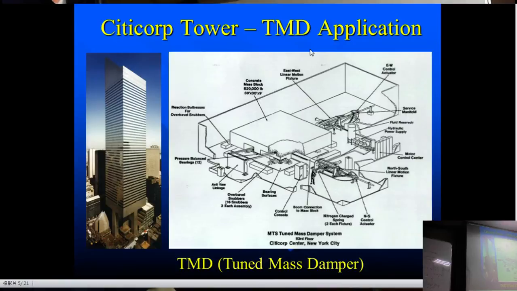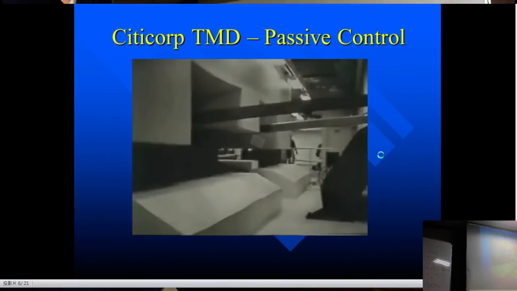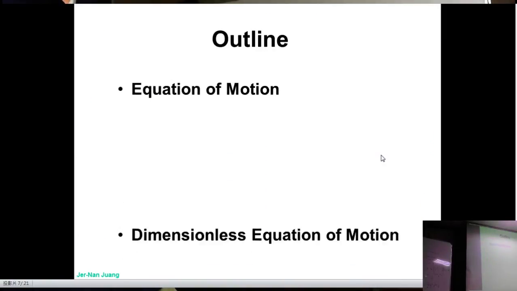The same thing in this tuned mass damper. And there are a lot of tuned mass dampers around in the big cities, particularly in Japan or in New York. In New York, because of the strong wind; in Japan, the strong wind plus the earthquake. So that's why you already see that, right?